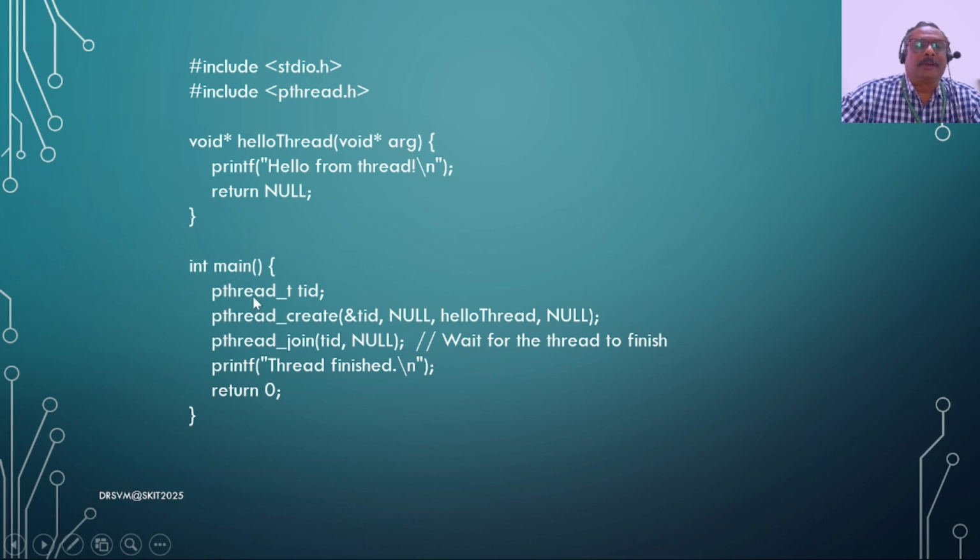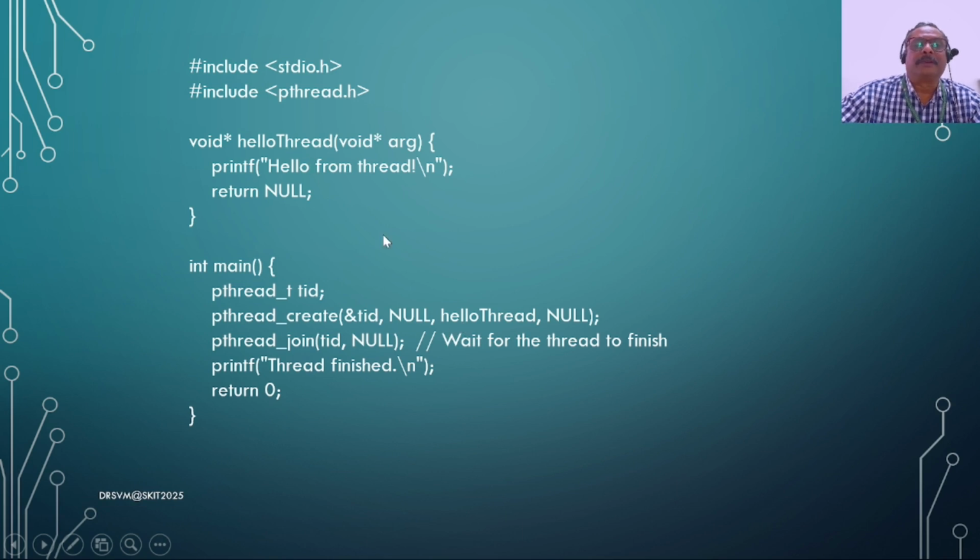Then in the main program we are creating one ID for the thread, a thread ID, which we call TID, and then we create a thread with that ID, and the name of the thread function is hello thread, which is one function we have already defined.